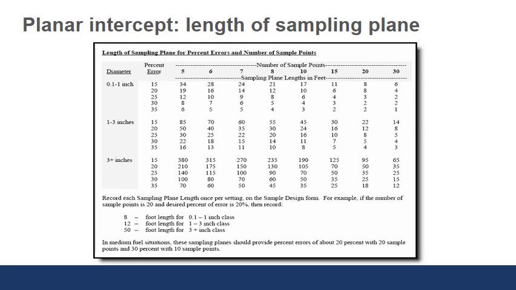Looking at the number of sample points column under 20 and following it down to a standard error of 20% for each diameter range, we would need to sample fuels less than 1 inch for 8 feet, fuels between 1 and 3 inches for 12 feet, and fuels greater than 3 inches for 50 feet along each transect.